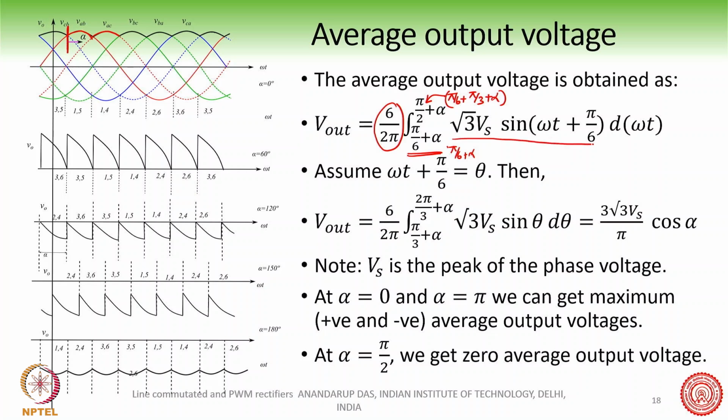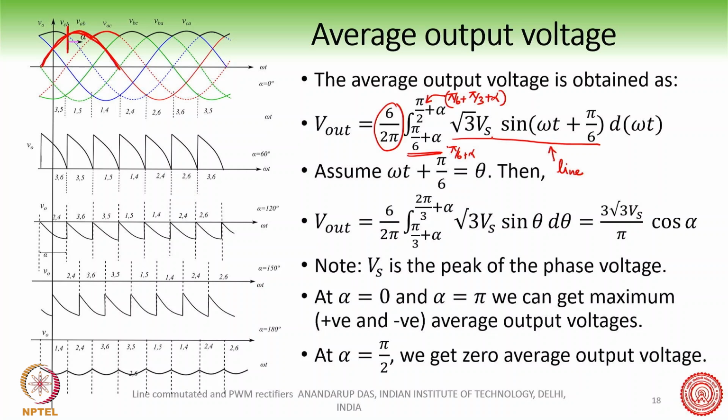What is the equation of this waveform? This you should note, because we are going to integrate on this waveform. The equation of this waveform is the line voltage. It is not the phase voltage. We have found the upper and lower limits of the integration, which is pi by 6 plus alpha to pi by 2 plus alpha. But on which waveform are we integrating? We are integrating on the line voltage. And what is the equation of the line voltage?